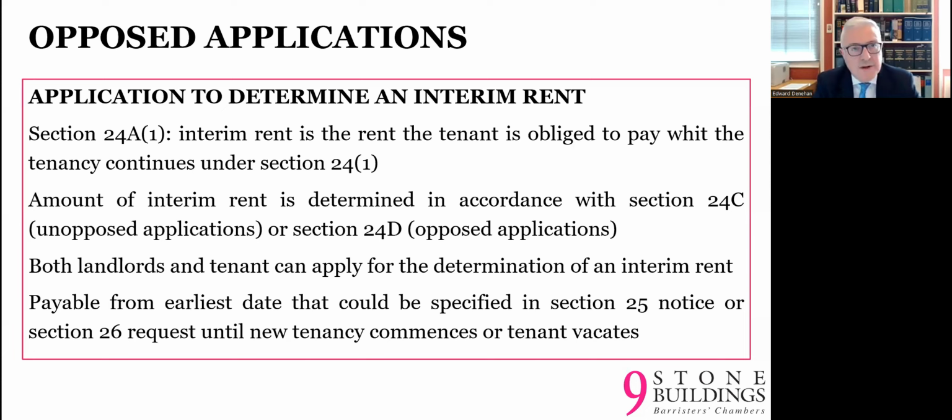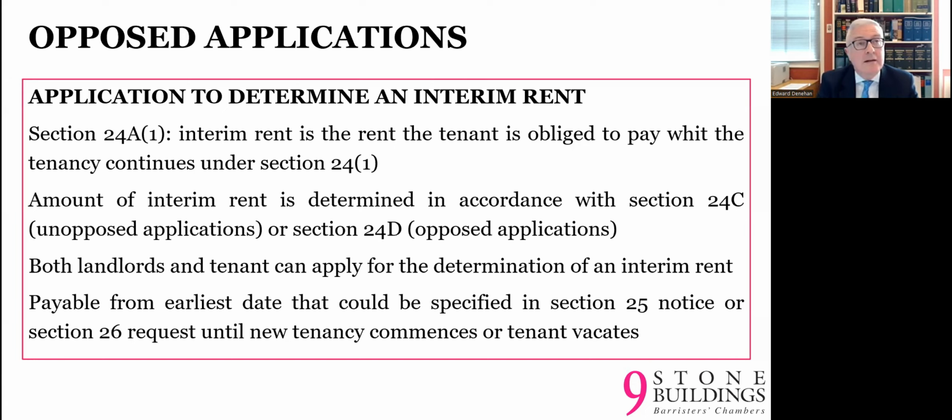The date from which the interim rent is payable is the earliest date that could have been specified in the section 25 notice or the section 26 request, at the date the landlord or the tenant, as the case may be, served the section 25 notice or made the section 26 request. So our notice was served on the 21st of April.